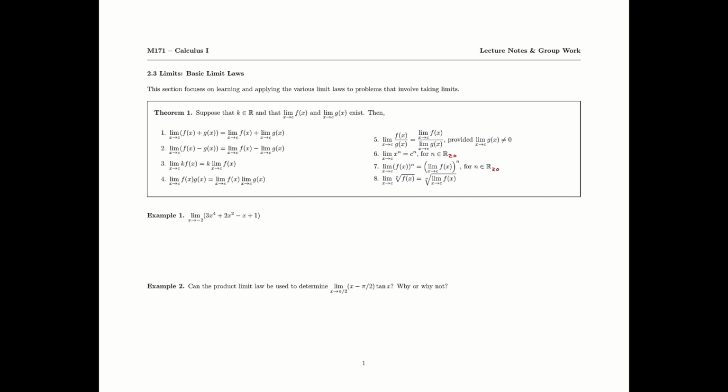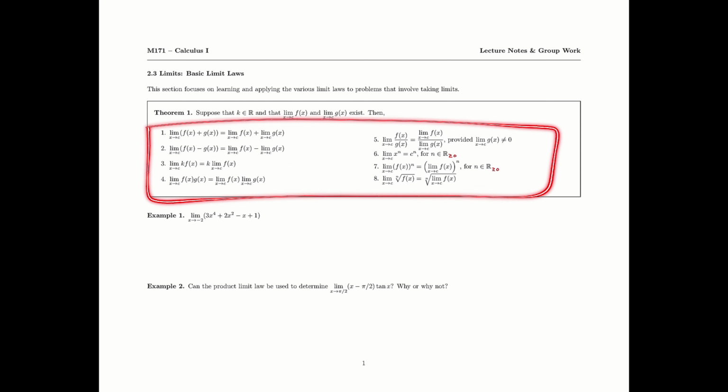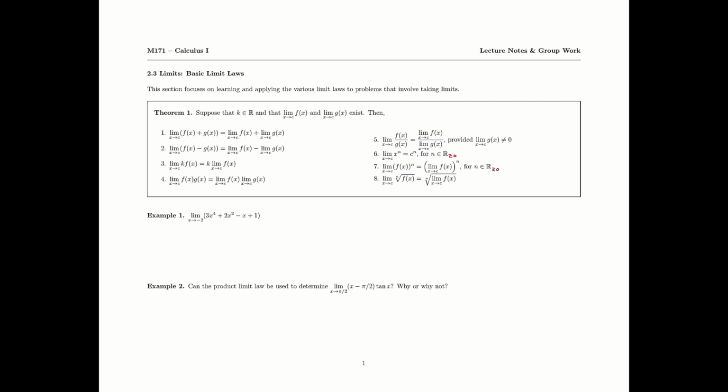Okay? Big thing that we do have to mention before we move on, and that is all of these limit laws are predicated on the assumption that both the limit of f and g exist independently of one another.